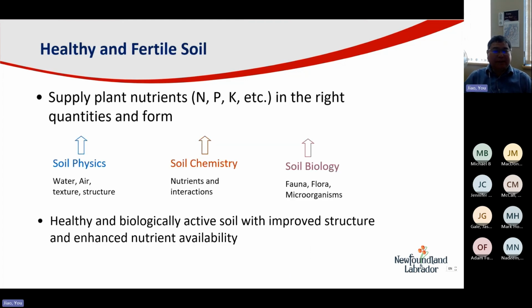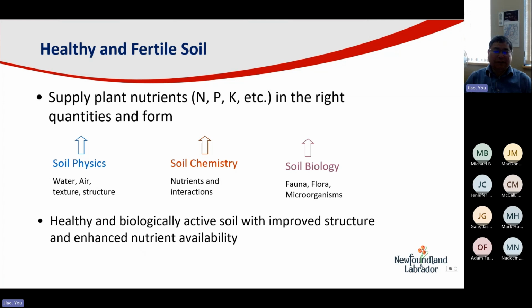So what is healthy and fertile soil? We have the basic concept of soil. For healthy and fertile soil, we are looking at whether it can supply plant nutrients in the right quantity and forms. It's supported by three pillars.